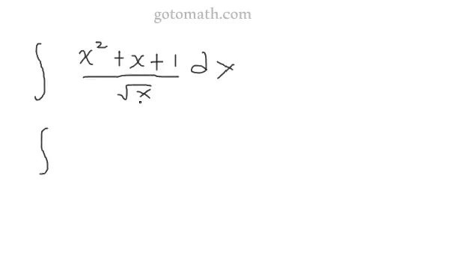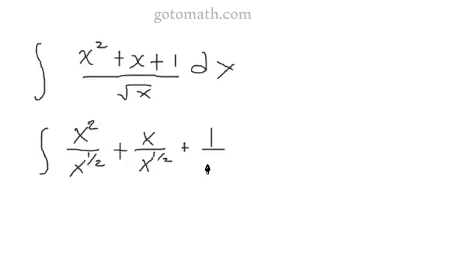So I'm going to break this up, and then get that out of radical form and into exponential form: x squared over x to the half power, plus x over x to the half power, plus 1 over x to the half power. Let's put some brackets around everything. I could have put parentheses, it doesn't matter. And then of course we have dx.